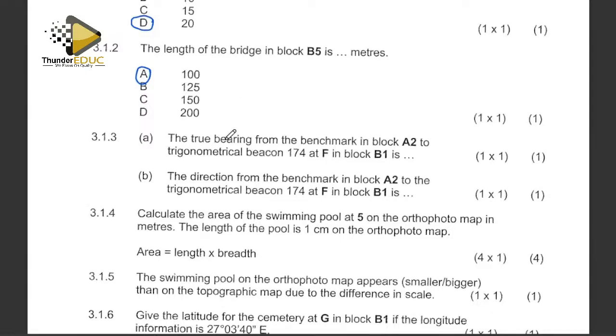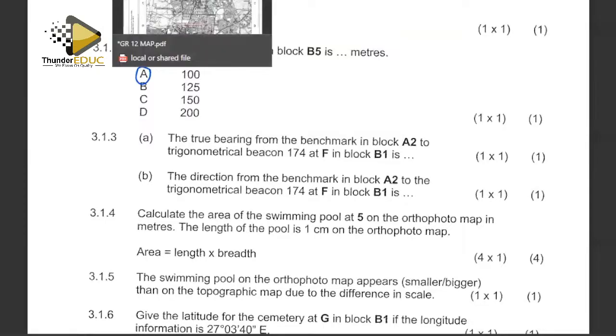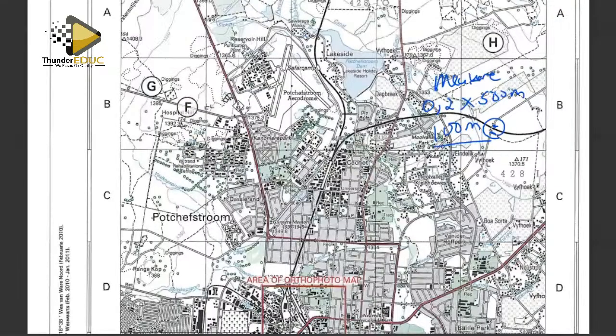The true bearing from the benchmark in block A2 to the trigonometrical beacon at F. If you want to ascertain your true bearing, you measure using your protractor. You identify your 2 points. We are looking at these 2 points here, from the benchmark in block A2.